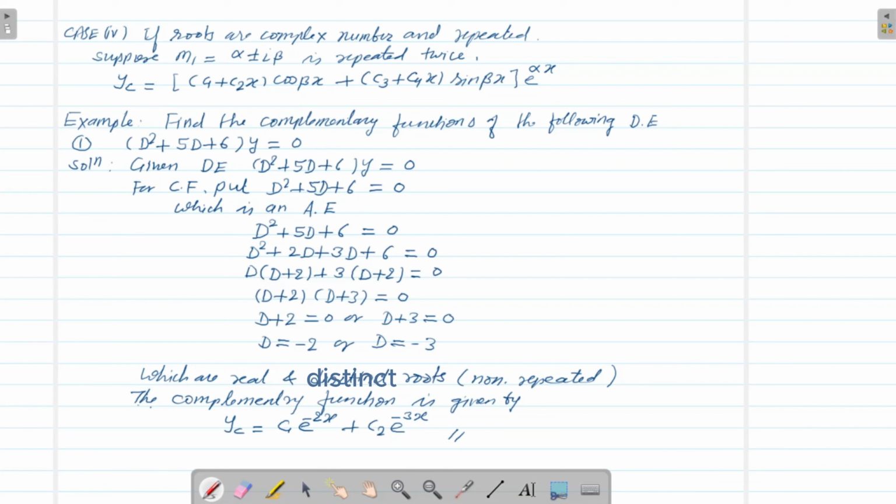For more understanding, let us take another example, number 2. Let us move to the next page. Example number 2 is d square y upon dx square plus 9y equal to 0. Solution: what is the operator here?